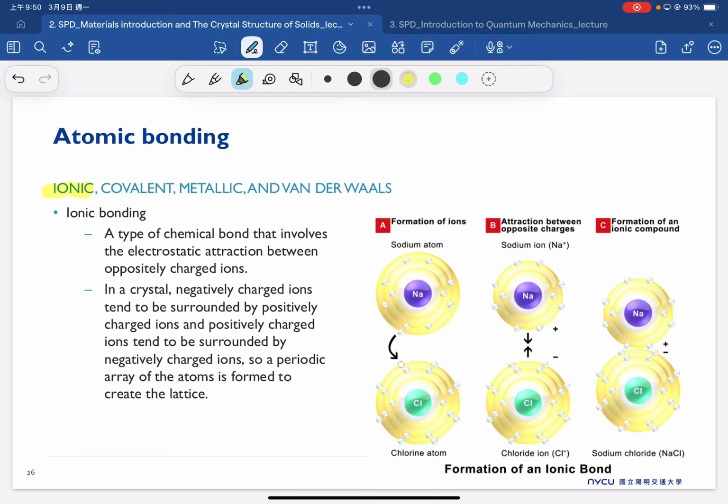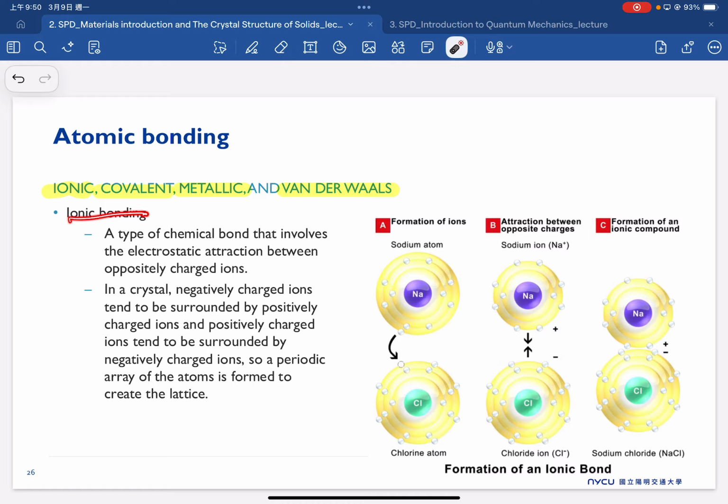We also have covalent bonding, metallic bonding, and van der Waals bonding. In this case, we just quickly go through some of these fundamentals, so we won't go into detail. If you have any questions, I believe you can find a lot of basic information in more generic subjects. But still, let's go through the text together.